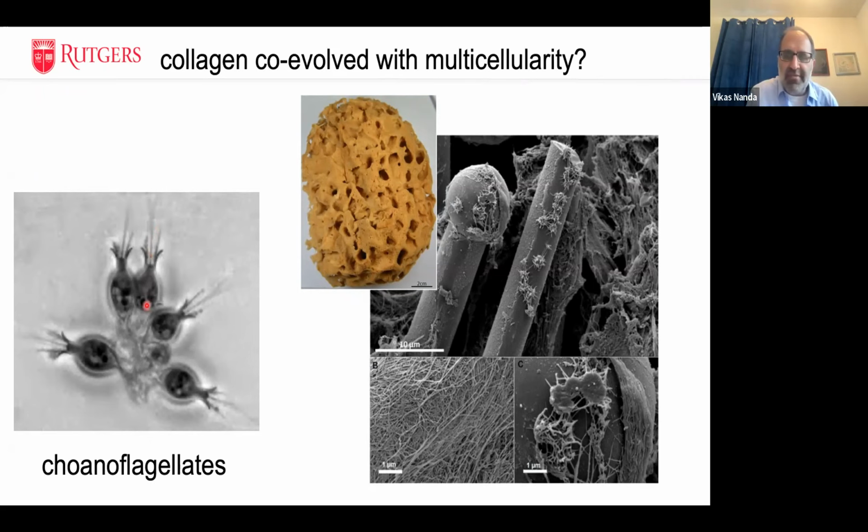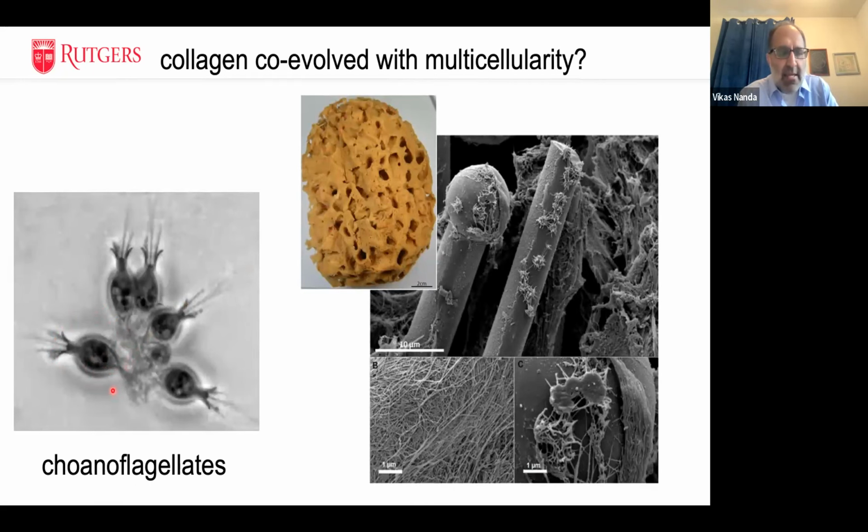And sponges are believed to be the first animals to have collagen. And in fact, this is where collagen was thought to have first evolved, in the transition from these free-floating single-cell animals called choanoflagellates. This is the work of Nicole King at Berkeley. And these choanoflagellates are believed to be the predecessors to the first multicellular porifera, to sponges.